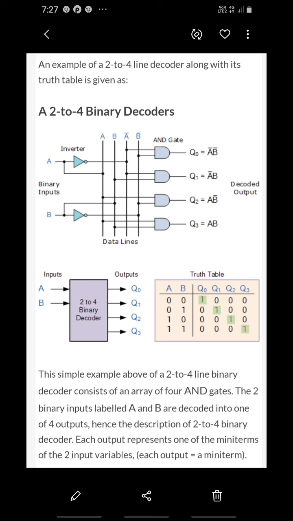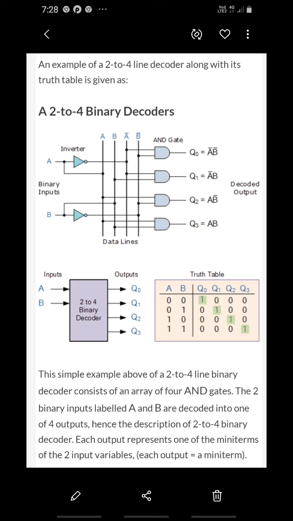In its truth table, A and B are the inputs, so you can take 0 0, 0 1, 1 0, 1 1. In the above truth table, among the 4 different outputs, one output is high and all the remaining outputs are 0.